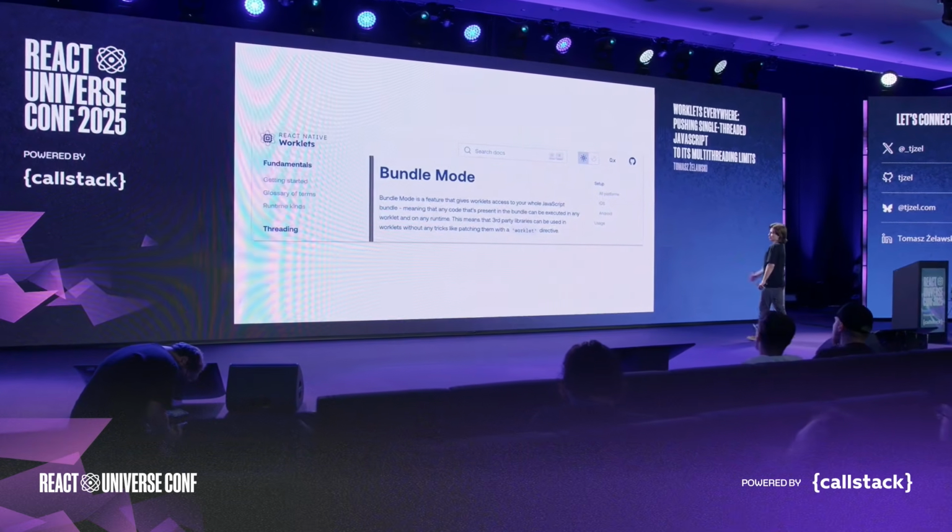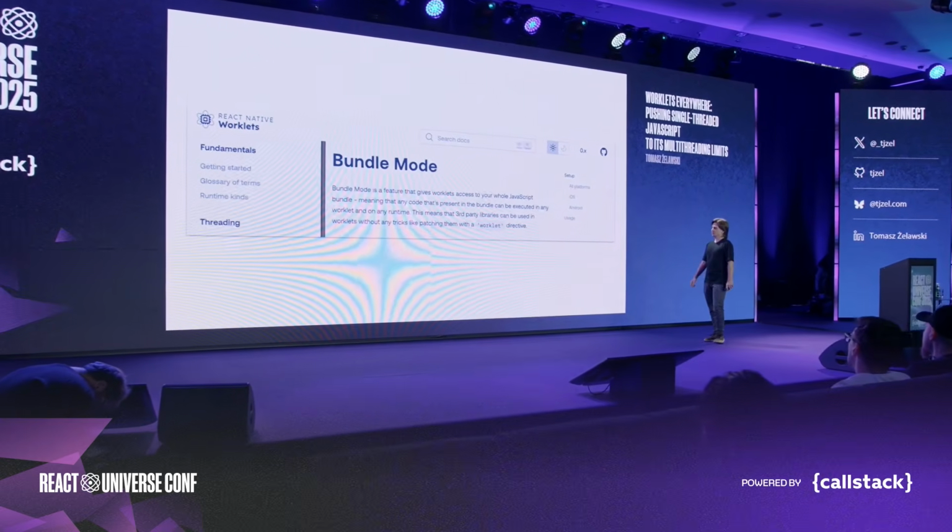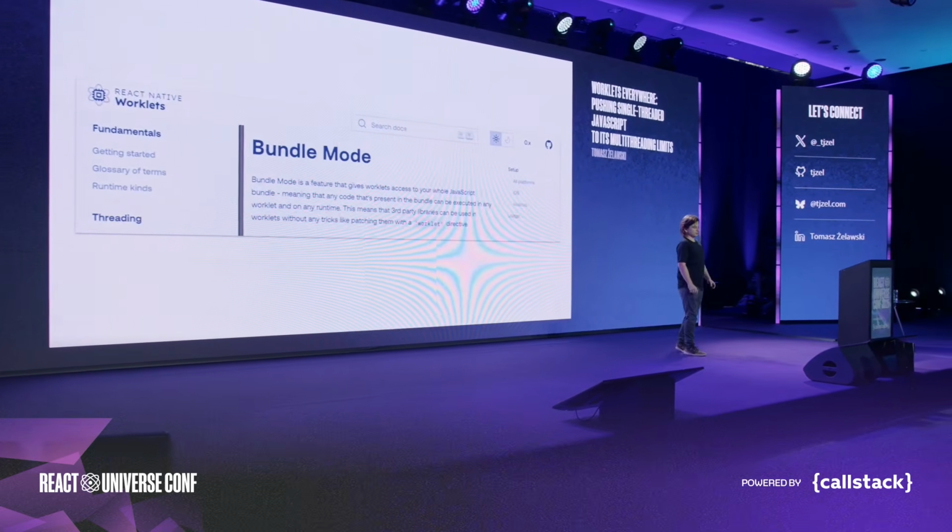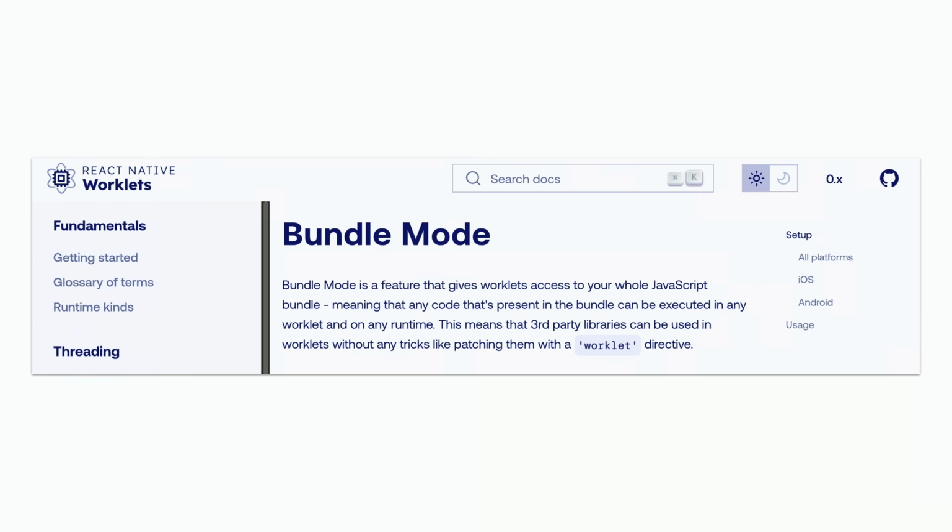It's a feature that gives worklets access to your whole JavaScript bundle, meaning that any code present in your bundle can be executed in any worklet and on any runtime. So, sounds just great. And I want to encourage you to use the Bundle Mode by explaining how it works.